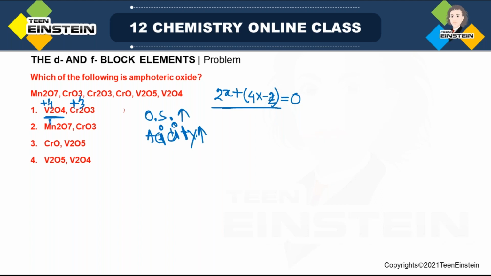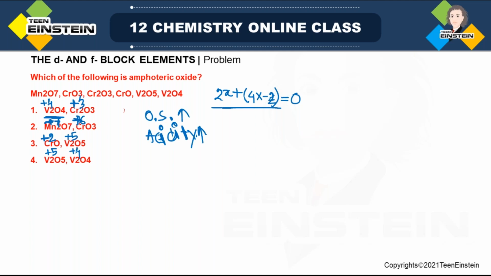Yes, it is +7, and chromium 3 plus, it is +6. CrO, 1 oxygen, that means it will be +2. Again we have V2O5, it is the first time we are getting it here, it is +5, and +4.